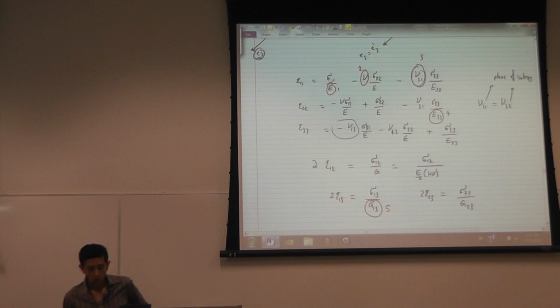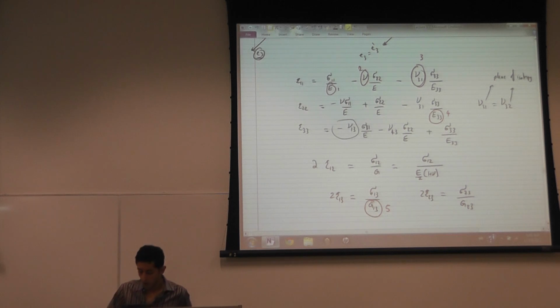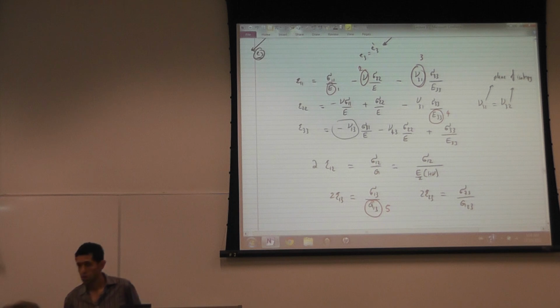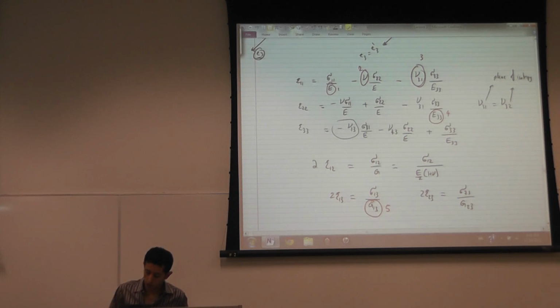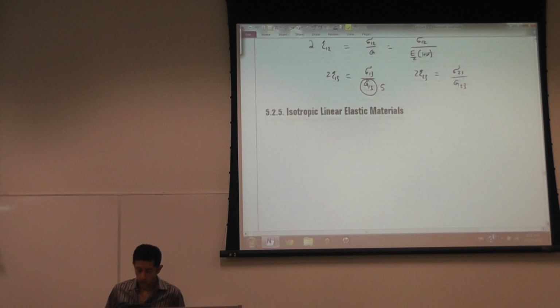So if you're doing a transversely isotropic material in, for example, finite element analysis software, it will ask you for 5 material constants. I don't remember whether they ask for mu31 or mu13, but it asks for the plane of isotropy, Poisson's ratio and Young's modulus in the plane of isotropy, and Young's modulus in the direction perpendicular to the plane of isotropy.